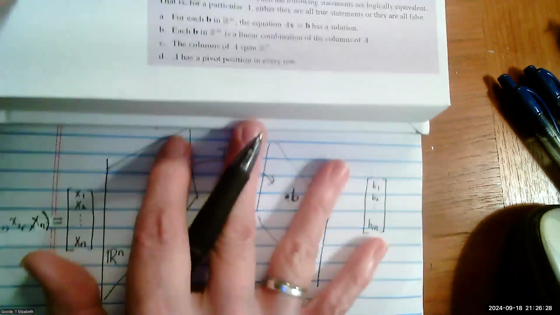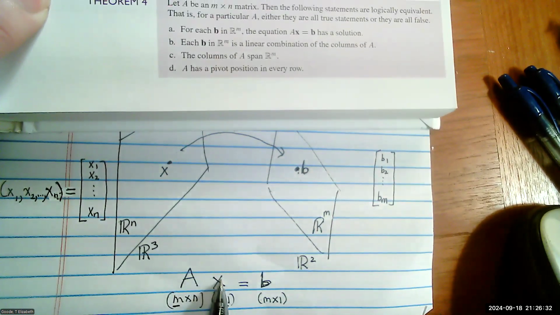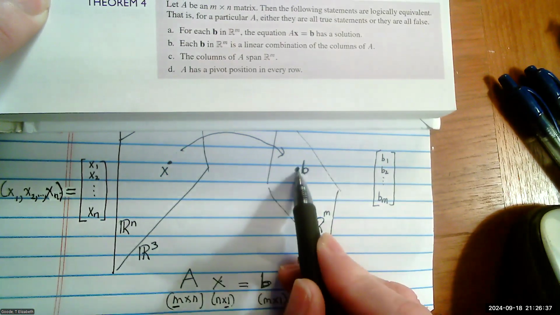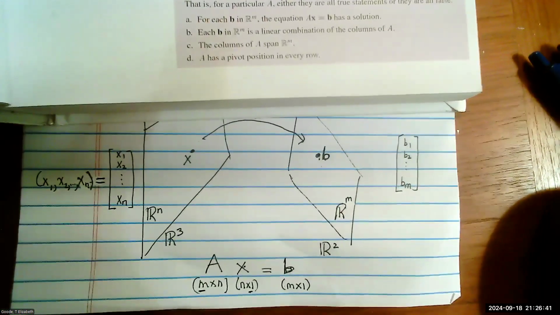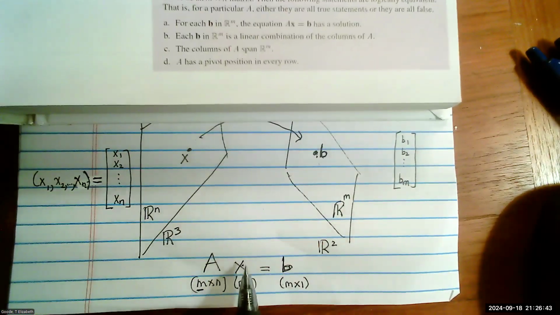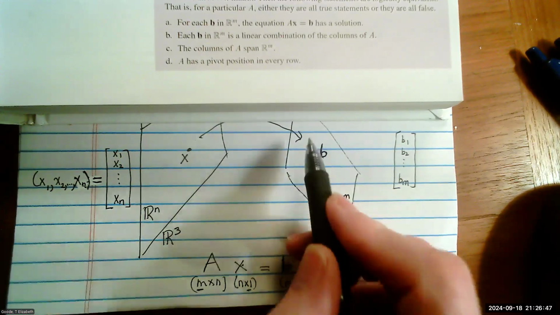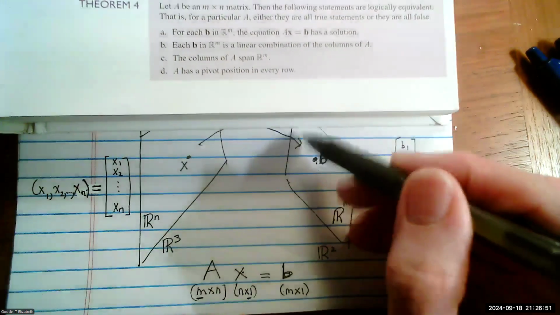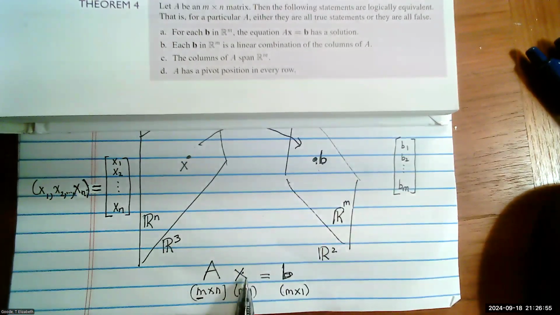It means we can find an input X that's going to land on B. Its image under multiplication by matrix A is going to be B. When we multiply A times X, the result is this B. So if you've got this space Rm, that's what AX is going to map into.